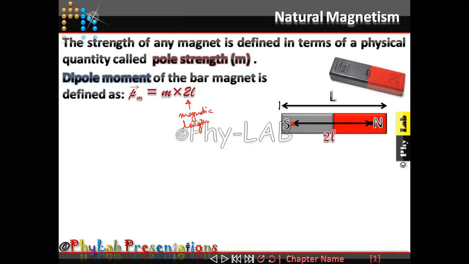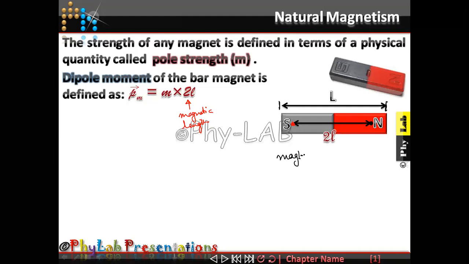Whereas the geometric length is the entire length of the bar magnet. Whatever length of the bar magnet is given to you is called the geometric length of the magnet, whereas 2L is the magnetic length of the bar magnet. So there is a relationship between geometric length and magnetic length.